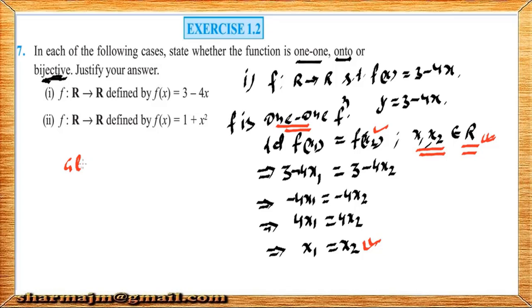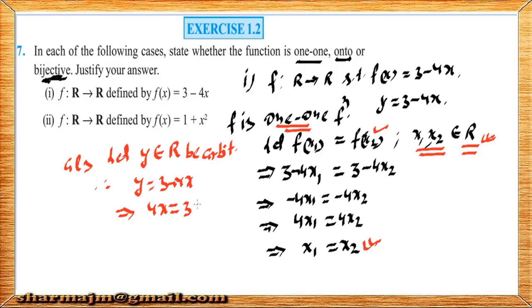Also let y, an element of codomain, be arbitrarily chosen. Therefore y will be 3 minus 4x, which implies 4x is equal to 3 minus y, which implies x is equal to (3 minus y) upon 4, and this x is in R, in domain.